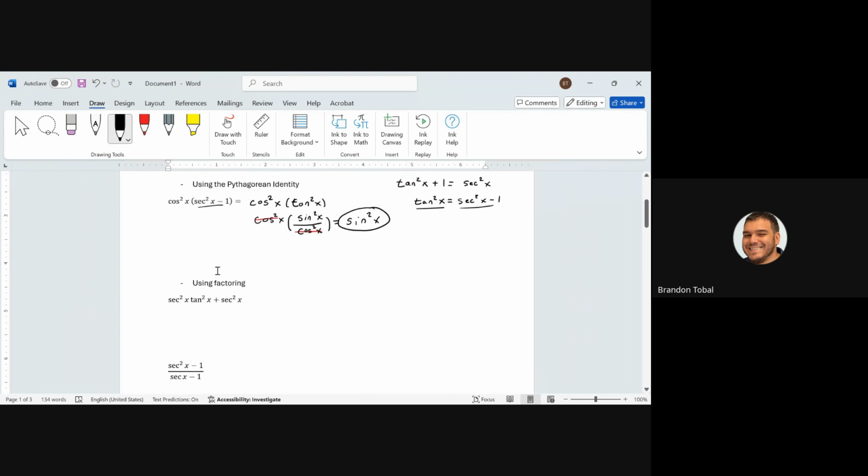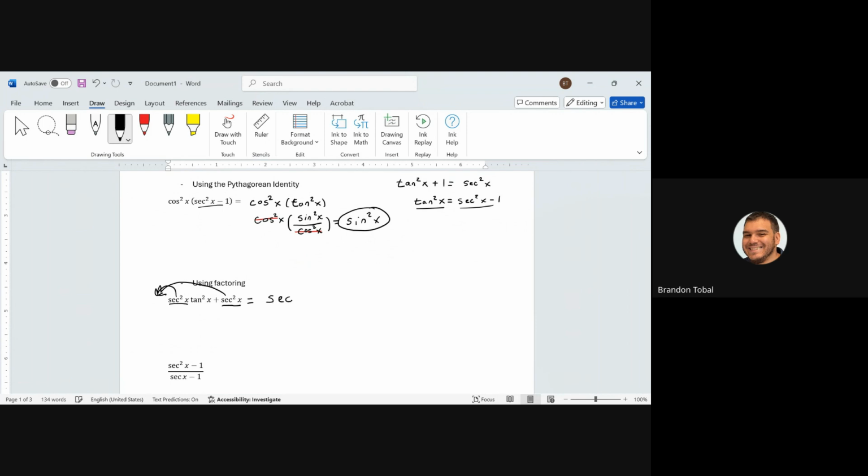Let's use the next one, using factoring. You can use factoring like a GCF or quadratic factoring to solve some of these things. For example, both of these have a secant squared x. So what I can do is, using the GCF, factor out secant squared x.